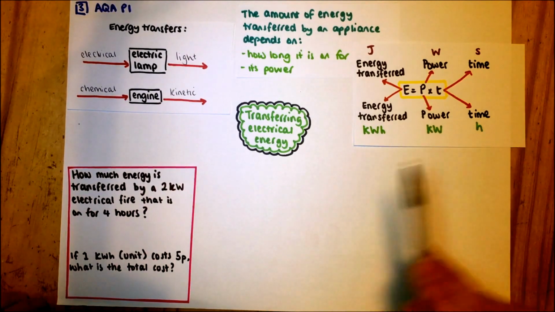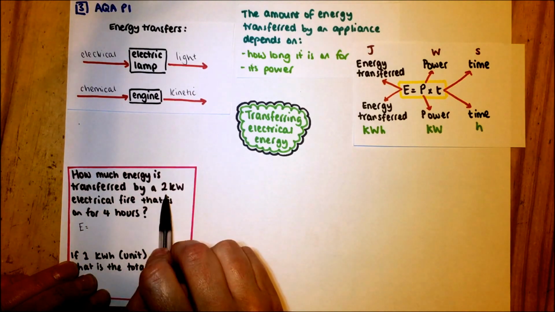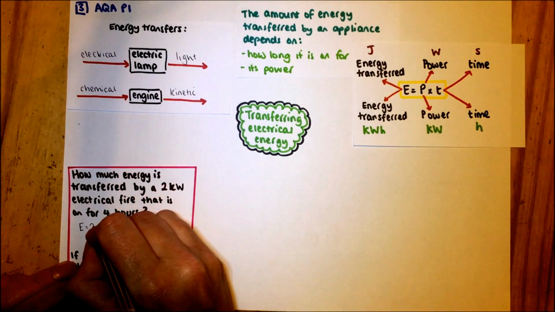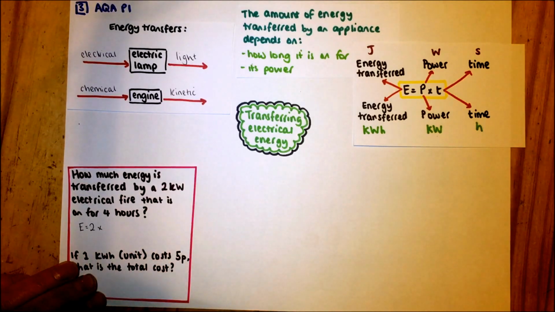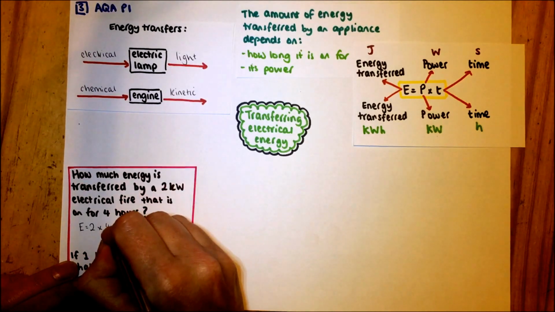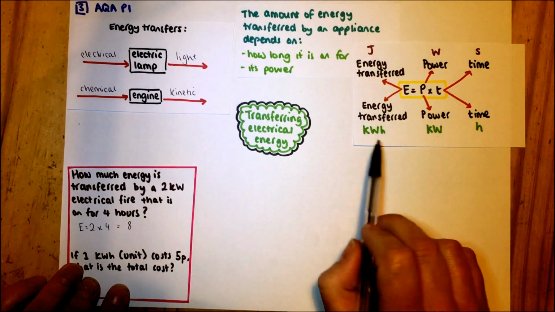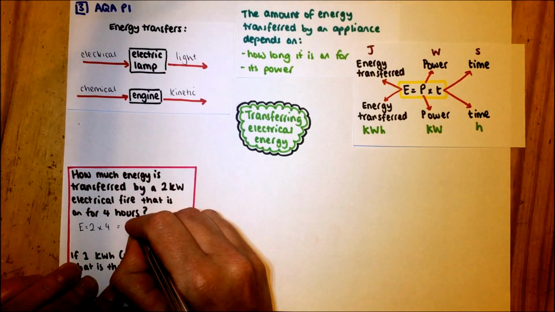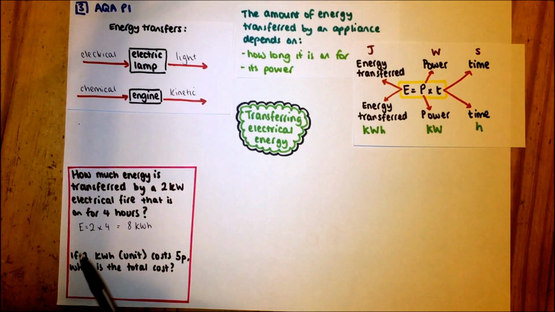So we're looking at the bottom equation, and it will be energy equals the power, so 2, times the time it's on for in hours, which is 4, and we multiply those two together and we get 8. And remember, in physics we need those units, so it's measured in kilowatt hours. Okay, so the energy transferred by that fire is 8 kilowatt hours.